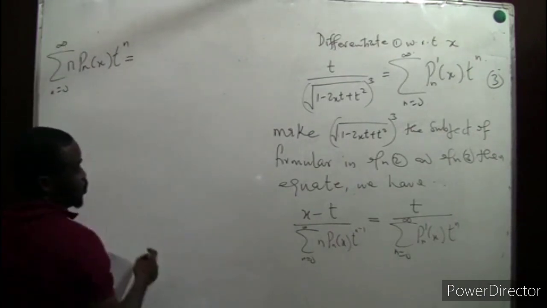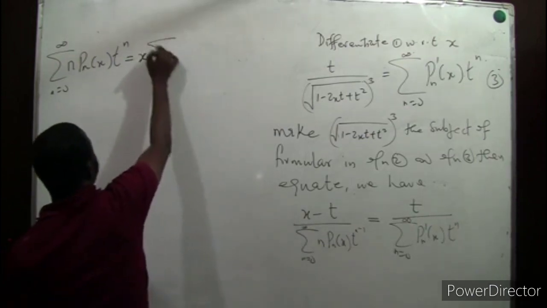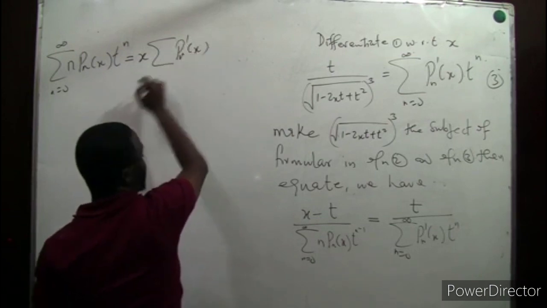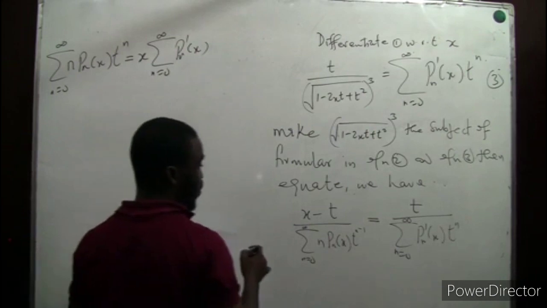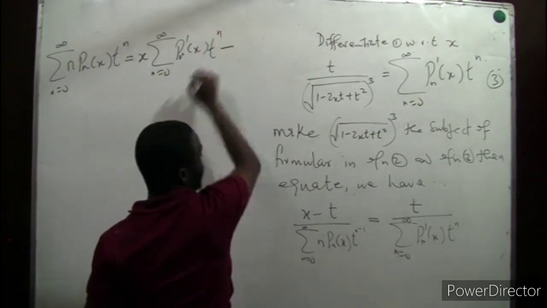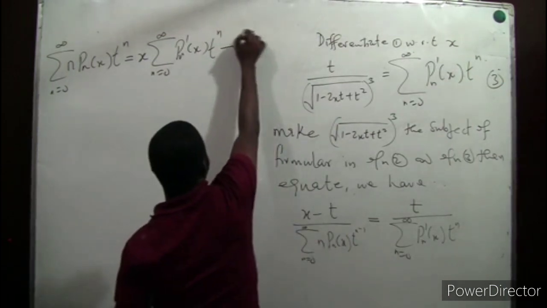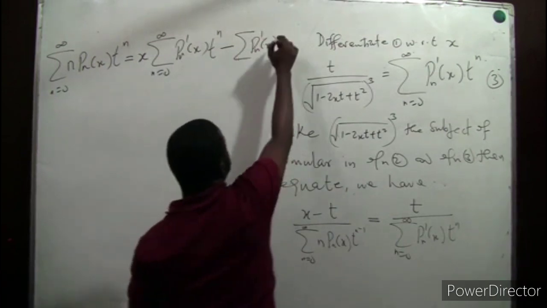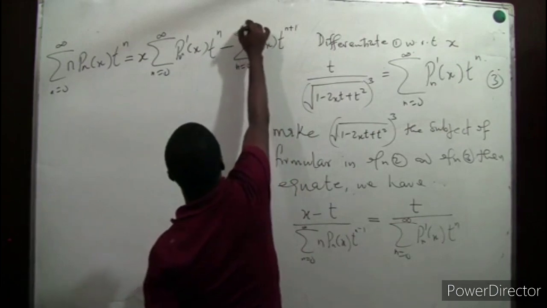will give us x times the summation of Pn prime of x t raised to power n from 0 to infinity, minus the summation of Pn prime of x t raised to power n plus 1 from 0 to infinity.